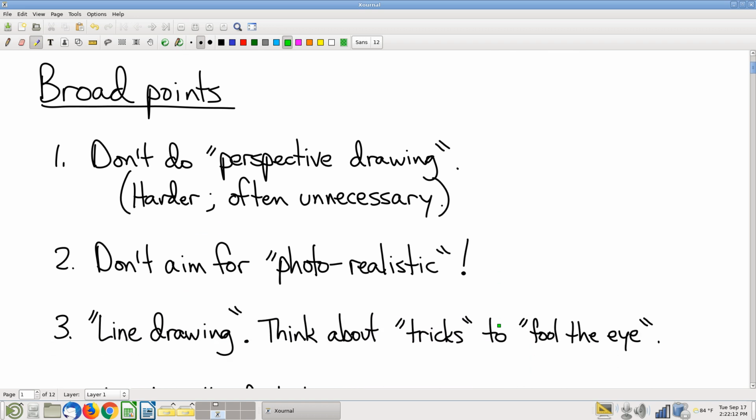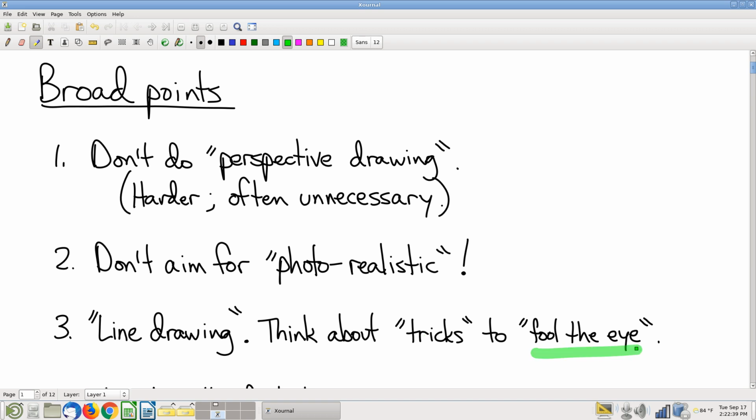Okay. So we're going to do something called line drawing. It's a very simple way to draw. It's centered around the idea of literally just drawing curves with a pencil or pen or stylus, what have you. And it's really full of a bunch of tricks that will play on the viewer's psychology, or even your own psychology.